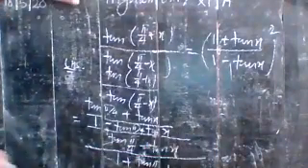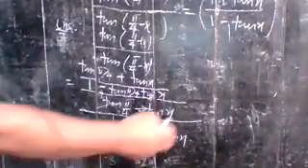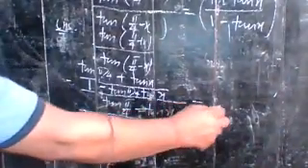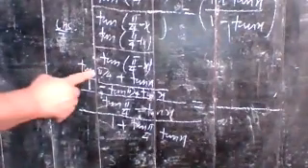And you know tan pi by 4 is equal to 1. Tan 45 is equal to 1. So this can be written as, yes, right here, tan pi by 4 is 1.